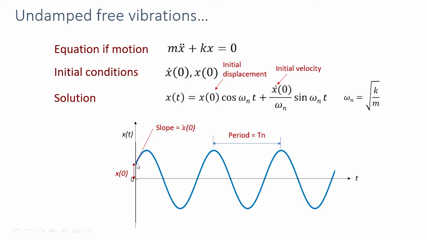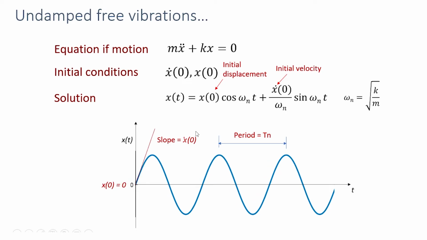The initial displacement is the value of the displacement curve at time t equal to 0, and the initial velocity is the slope of this curve at time t equal to 0. If you consider a line tangent to this curve at time t equal to 0, the slope of that line would give you the initial velocity. That should be equal to whatever we have assumed.